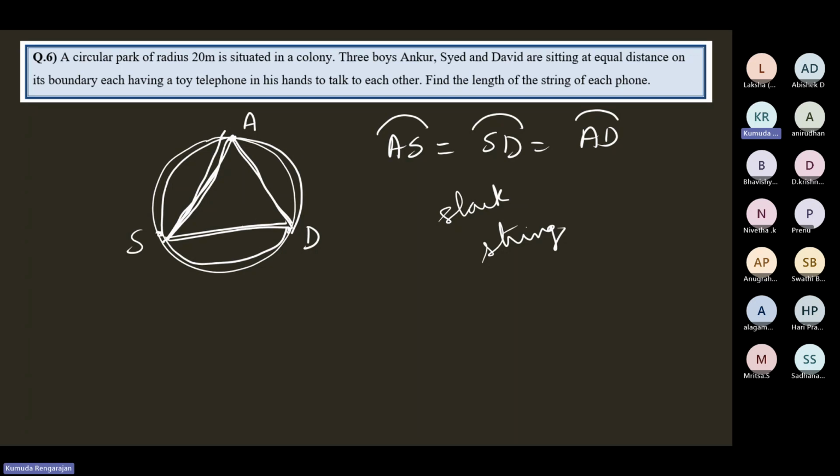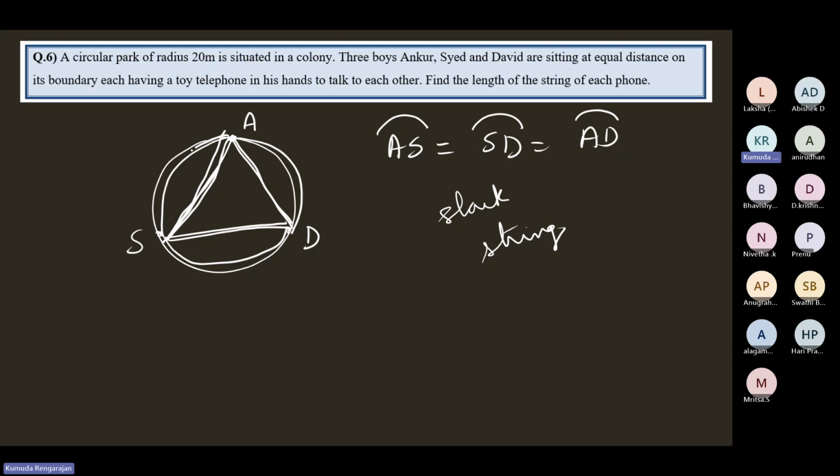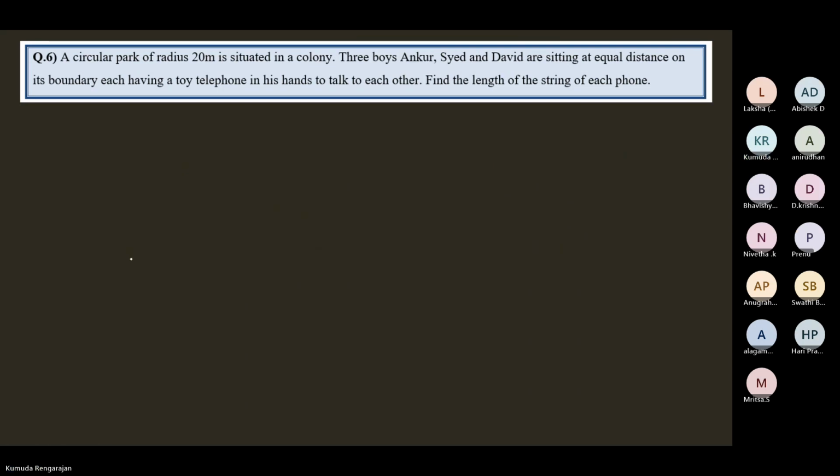Now, there's a theorem that says that equal arcs contain equal chords. If arcs are equal in length, then their corresponding chords are also equal. So this is the arc. This is its corresponding chord.